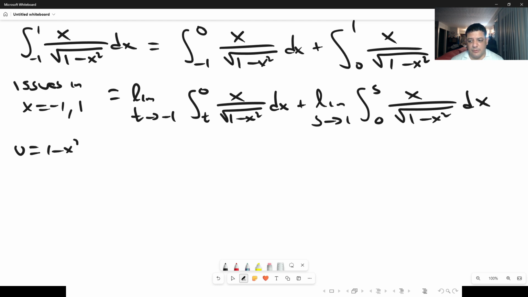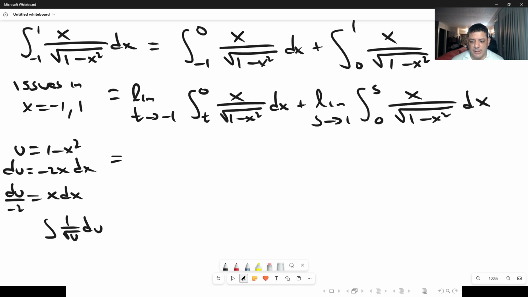We're going to use a substitution u equals 1 minus x squared, and then du is going to be minus 2x dx. Notice that we have the x in there, so we're going to put the minus 2 below, and then we're going to get the x dx. So in both scenarios, what that's going to produce is an integral of the shape 1 over square root of u du times minus 1/2.